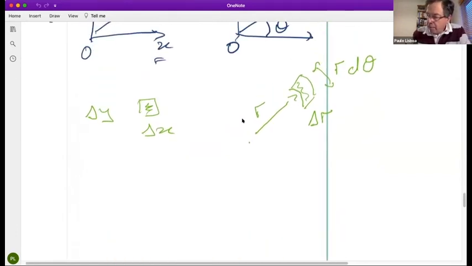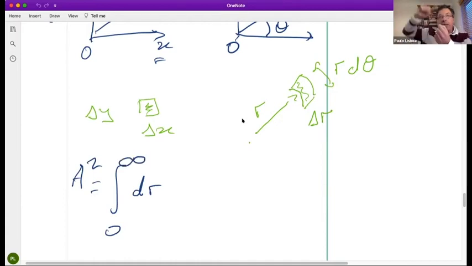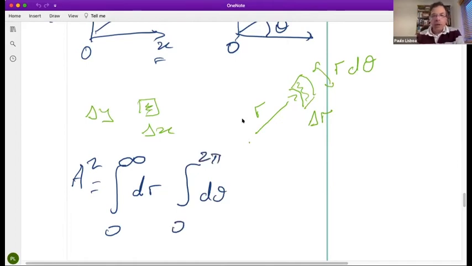My integral, which involved dx and dy, now gives A squared as the integral over r from 0 to infinity, because if you want to cover the whole plane, the radius goes from 0 to infinity, and the integral over theta going from 0 to 2 pi.